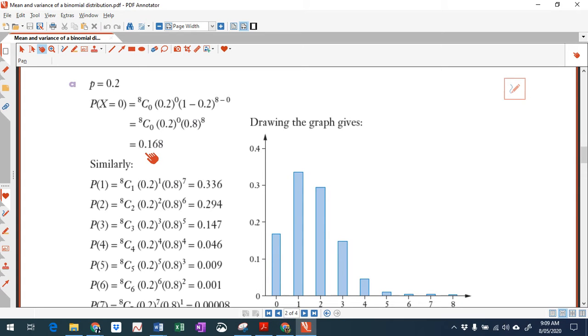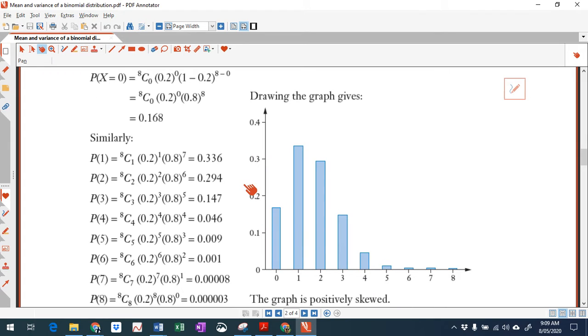Now we can plot all of those as a column graph. For X equals 0, we go up to 0.168. For the probability of X equal to 1, we get 0.336, so it goes all the way up here, and so on. We can plot each of these numbers as a column graph.